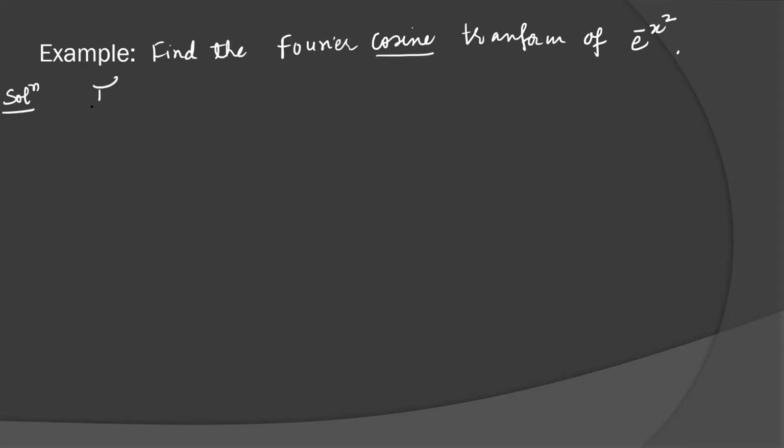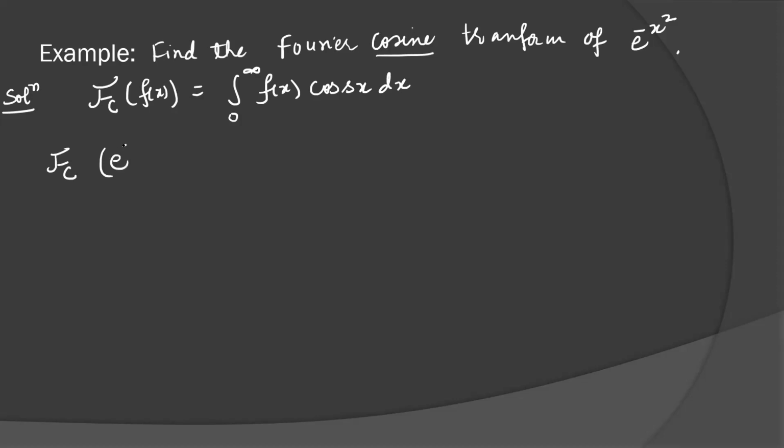I told you the Fourier cosine transformation of any function is the integral from 0 to infinity of f(x) cos sx dx. So the Fourier cosine transformation of e to the power minus x square is equal to the integration from 0 to infinity of e to the power minus x square cos sx dx.